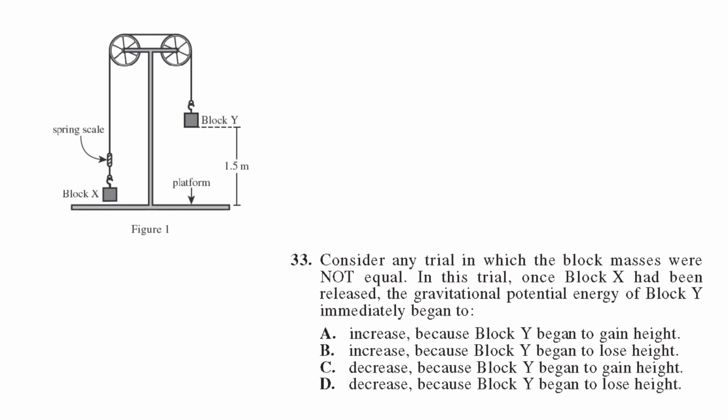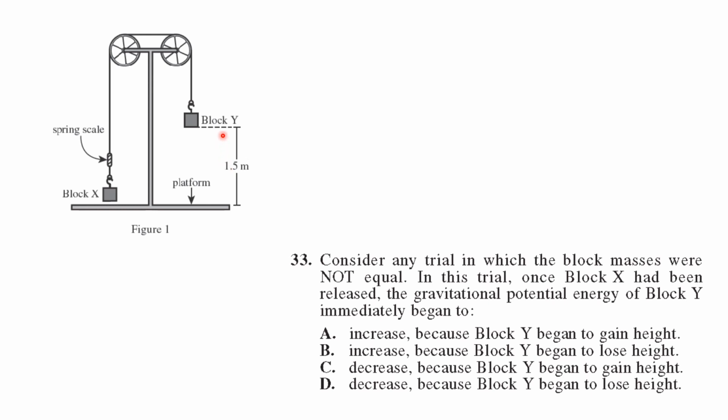33, we also have a little bit of a knowledge question. Consider any trial in which the block masses were not equal. It doesn't matter which trial. Once block X has been released, once block X is let go, the gravitational potential energy of block Y immediately begins to... It decreases, because it's losing height.